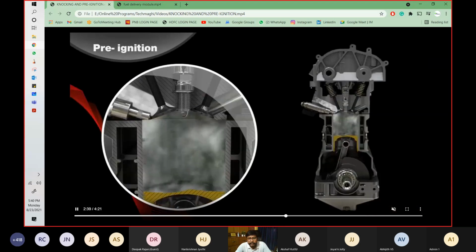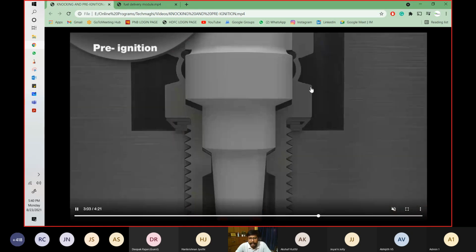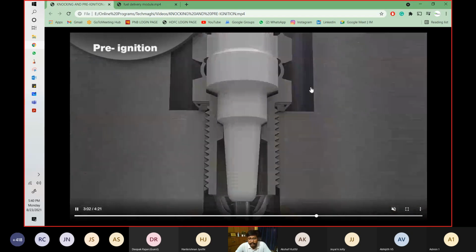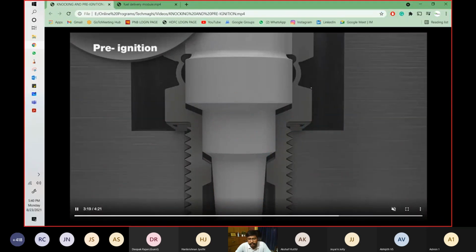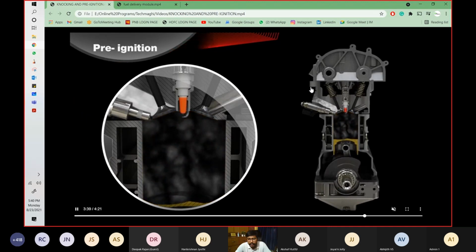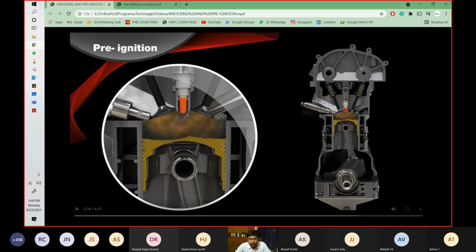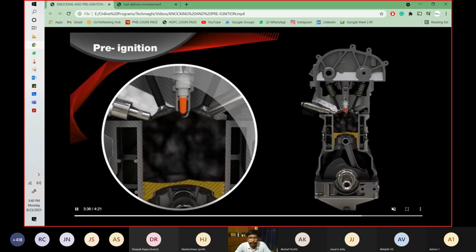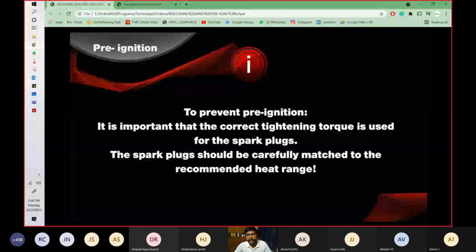Now I told you what knocking is, and it will result into a lot of problems into the engine, like spark plug failure and failure of the valves. Like there is some material attached to the valves, and the valve timing is affected. So you see, this is how this disturbs. So pre-ignition and knocking. Ignition happens basically a little earlier than it should happen. So these are the problems.